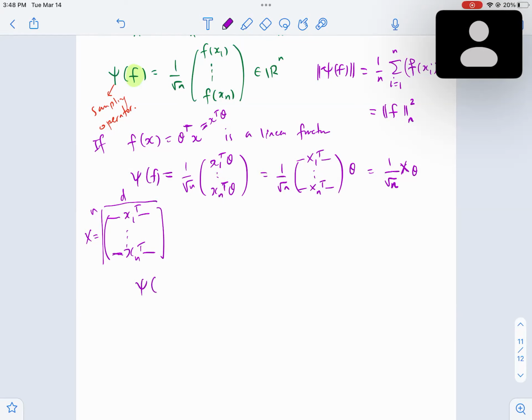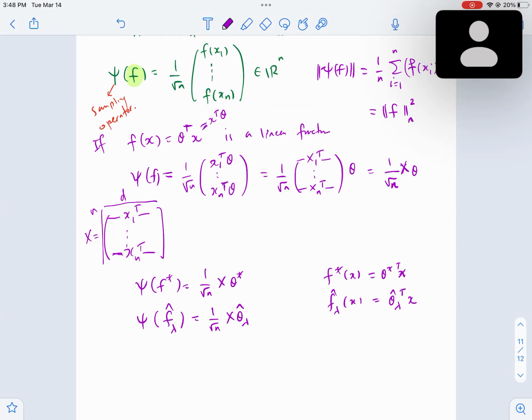For example, psi of f star would give me 1 over root n x theta star, because that's a linear function based on theta star. And psi of f hat would be 1 over root n x theta hat lambda. f star was theta star transpose x, and f hat lambda is theta hat lambda, the ridge regression estimator, times x.